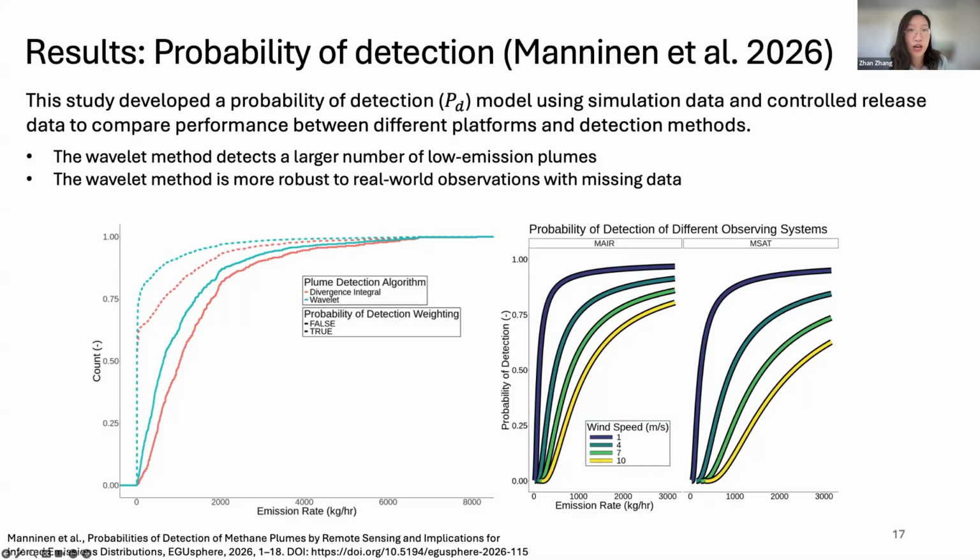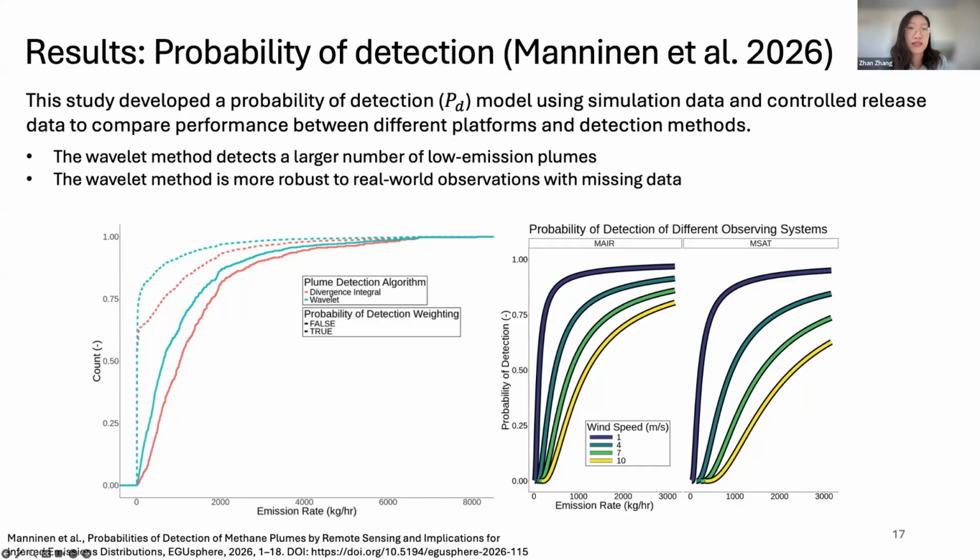What we see in the left figure is a cumulative emission rate distribution. The two colors here represent the wavelet detection method and the DI detection method. The difference between the solid and the dashed line is whether the distribution is weighted by the probability of detection, or PD.